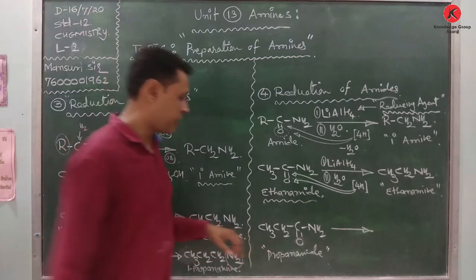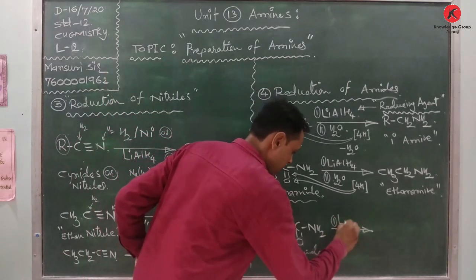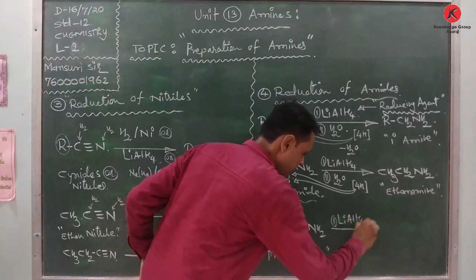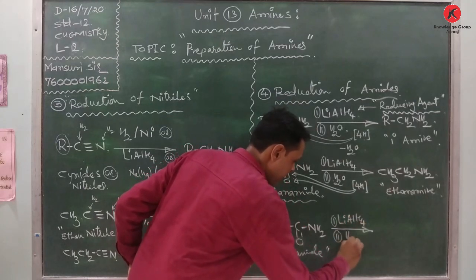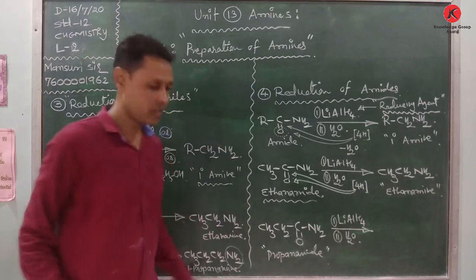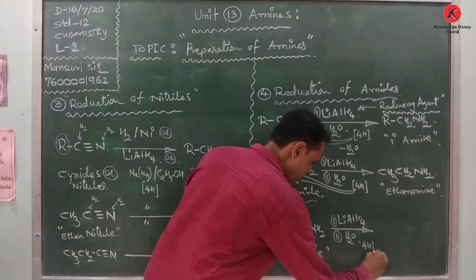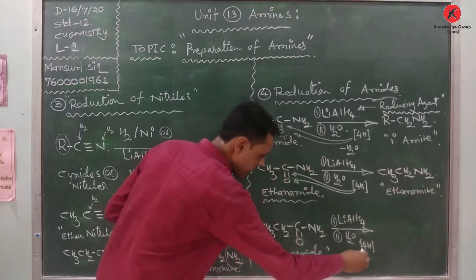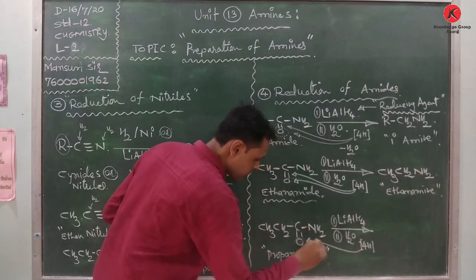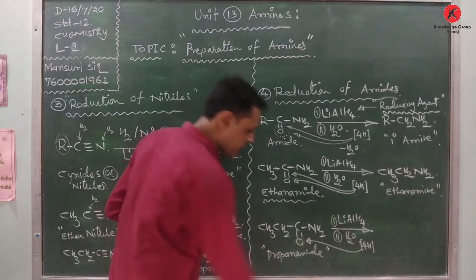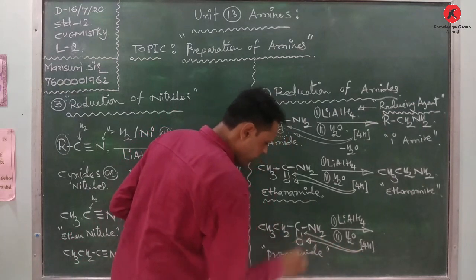When propanamide reacts with lithium aluminum hydride and thereafter gets hydrolyzed, then propanamine is formed, because 4H will be going inside. Among these 4H, 2H will be removed with oxygen and 2H will go toward carbon.